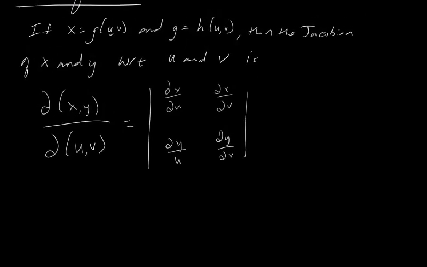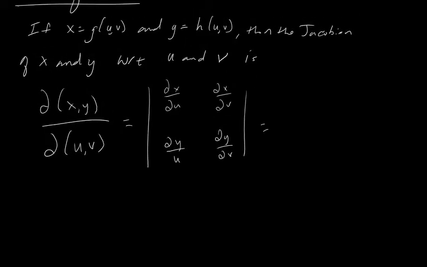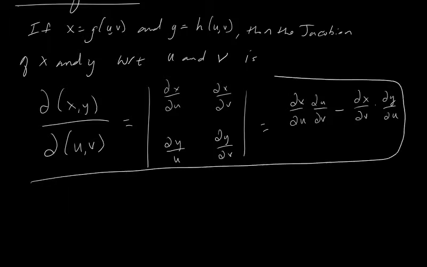So that of course is equal to partial x with respect to u times partial y with respect to v minus the partial of x with respect to v times the partial of y with respect to u. That is the Jacobian. It's just the determinant of the partial derivatives.